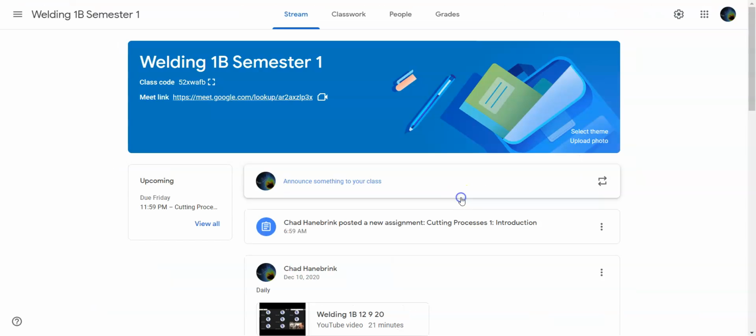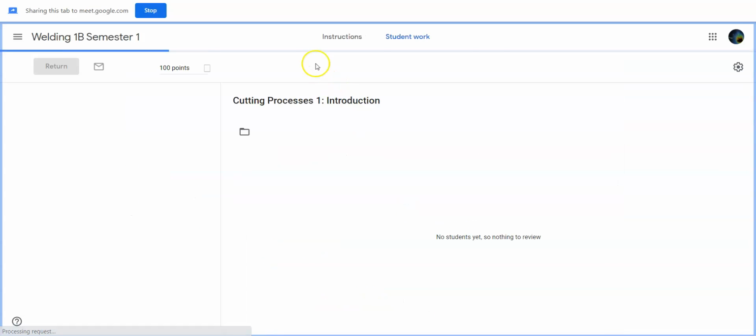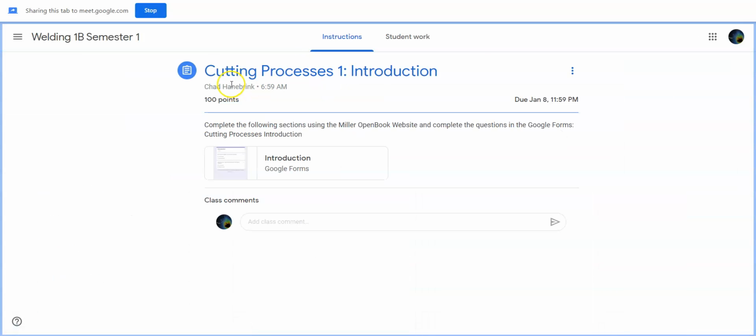This morning, you will see that in Google Classroom, I posted a new assignment. Cutting Processes 1, Introduction. Complete the following sections using the Miller Open Book website and complete the questions in the Google Forms, Cutting Processes Introduction. You can see the Google form is right there.